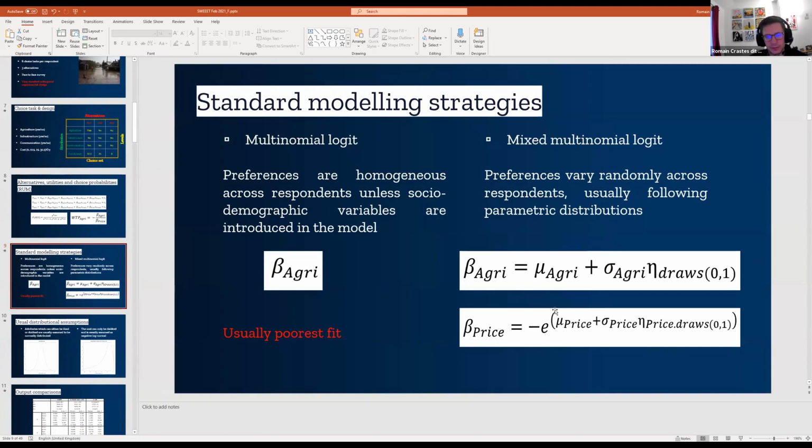especially in the context of the price, that might be relevant because since this is exponentiated, the mean of this distribution is influenced by both the value of mu price and sigma price, okay? So it makes sense to interact both with income. However, that's not something I would do in practice because that's going to make your model very hard to estimate, okay?